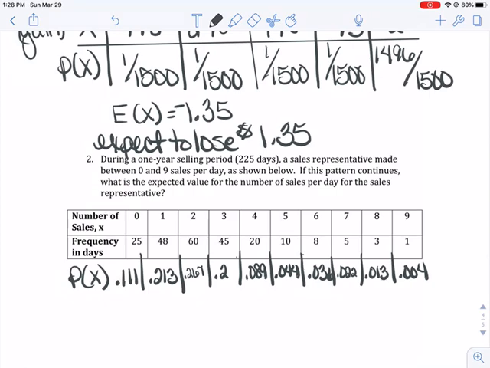Multiply those by X and add them up. Okay?